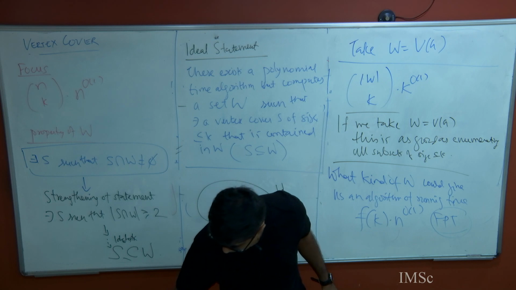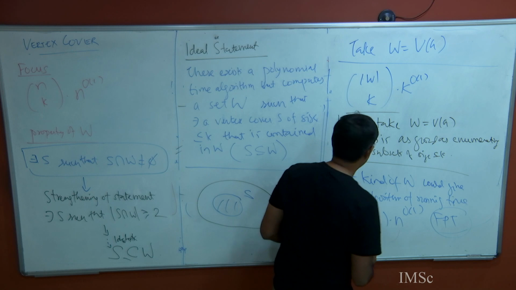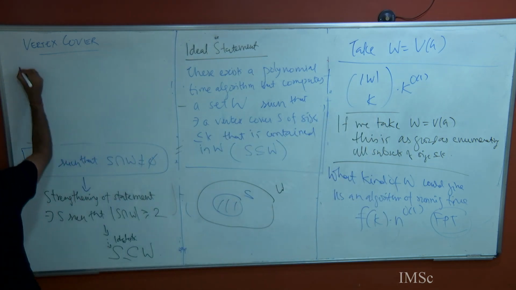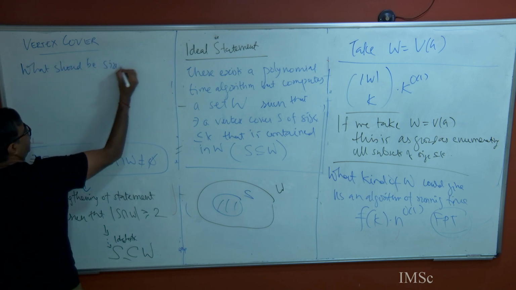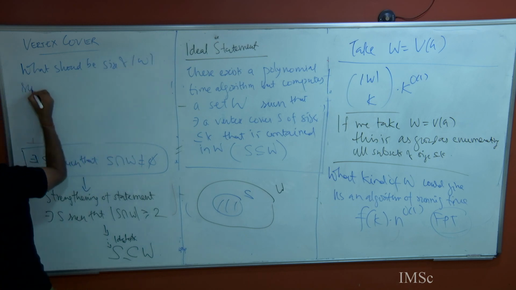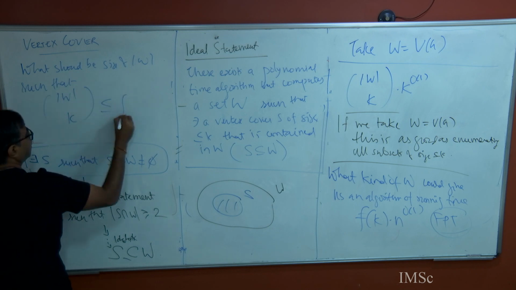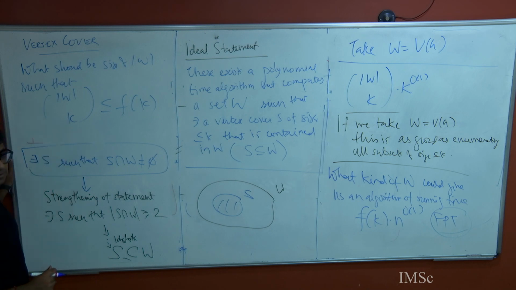So, let us say, if I ask what should be the size of W such that W choose k is upper bounded by some f of k. What should be the function? What should be the W? W should also be a function of k. Agreed? W should also be a function of k.